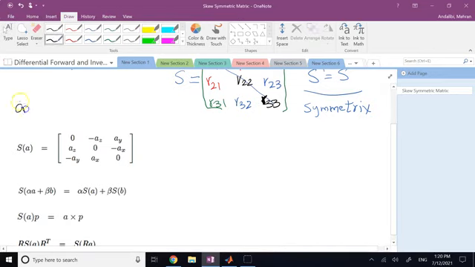So if my vector A has 3 components, AX, AY, and AZ, then the skew symmetric operator that acts on A and gives me a matrix is going to be like this.